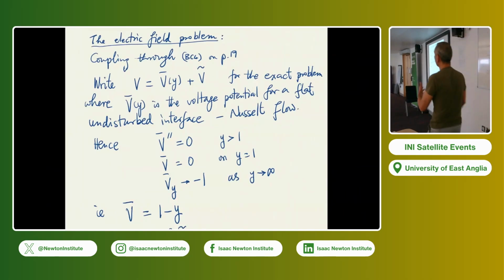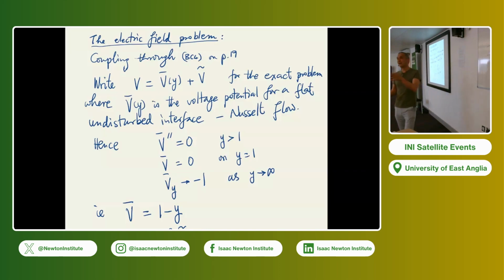So let me talk about the electric field problem first before we get to the fluid mechanics problem. As we said before, I'm going to write V as V bar plus V tilde, where V bar is the exact solution for a flat interface. It's just 1 minus y. Okay, so there it is, 1 minus y. I can just derive it very easily, right?